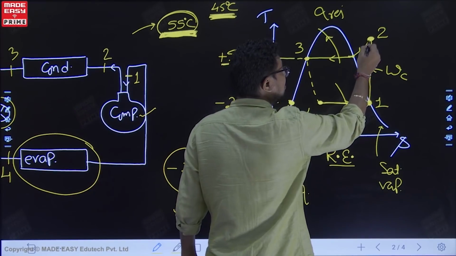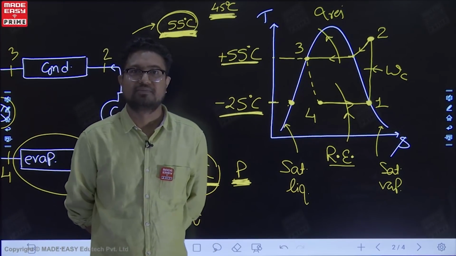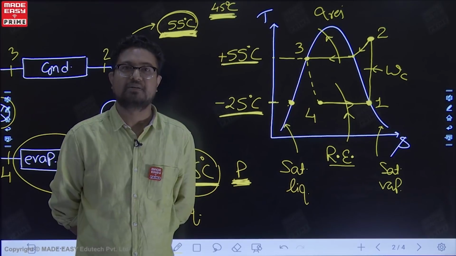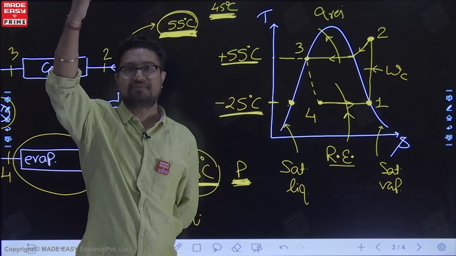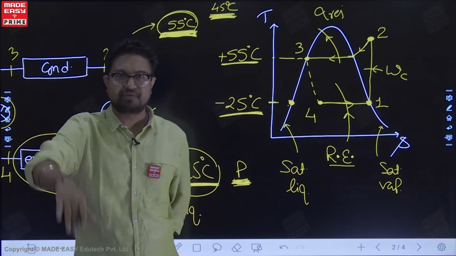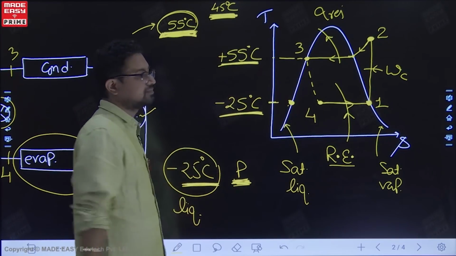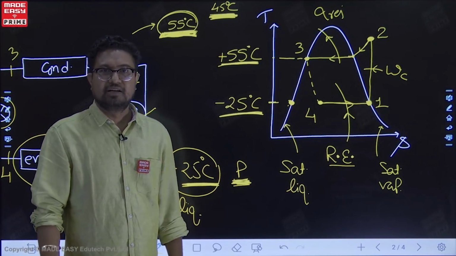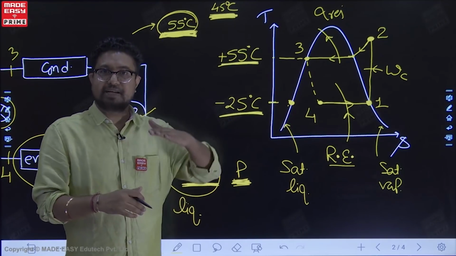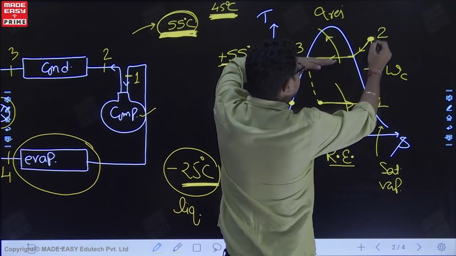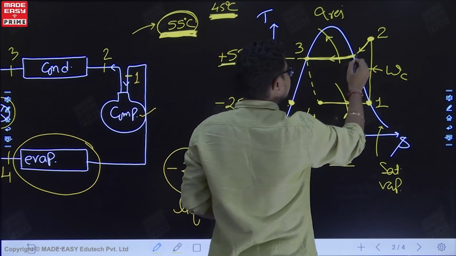Then when you start cooling down this vapor, the temperature remains above 45, let us take a value of 55. When you start cooling this vapor, the temperature remains 55 or above it, and the entire energy is rejected during this phase change.